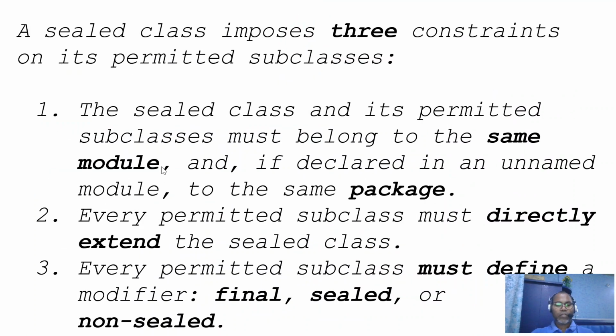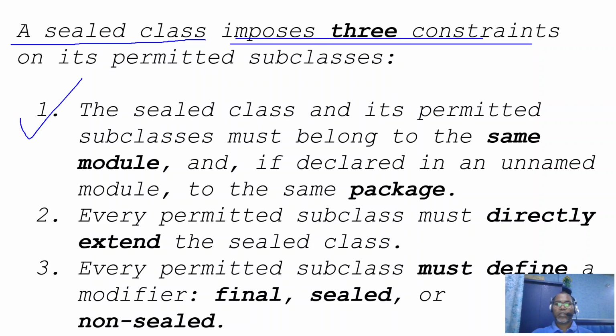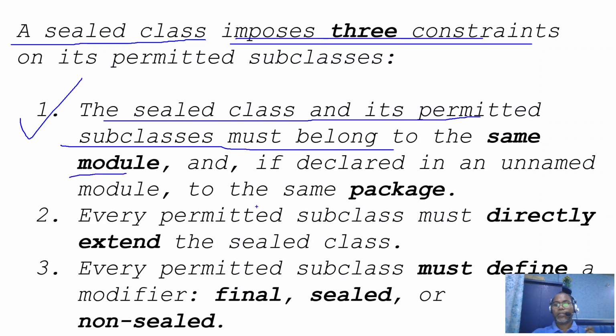If we talk about other parameters, whenever you are implementing a sealed class or interface, there are three restrictions imposed, so please be aware. The first restriction is that the sealed class and its permitted subclasses must belong to the same module or same package.